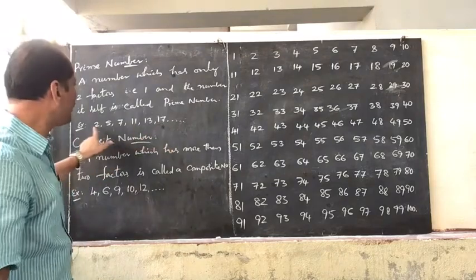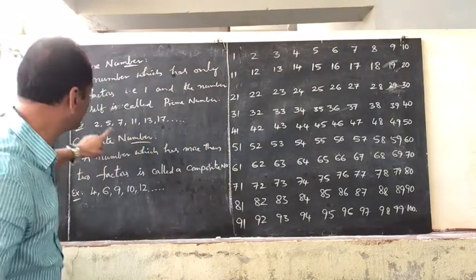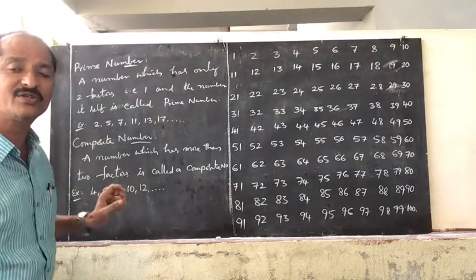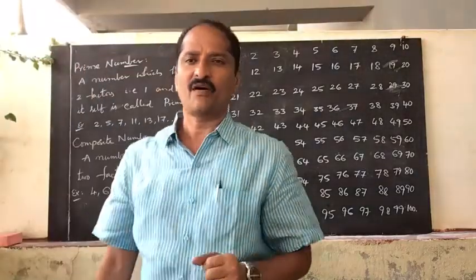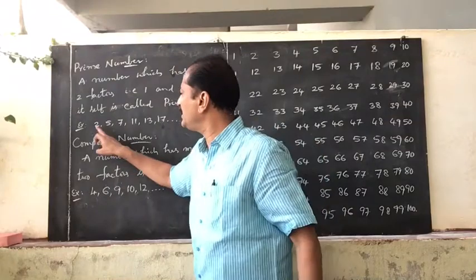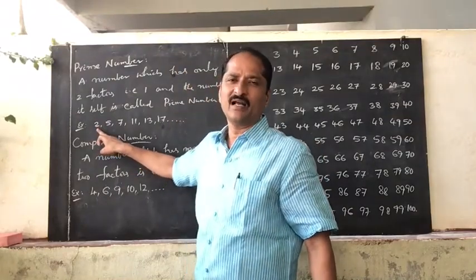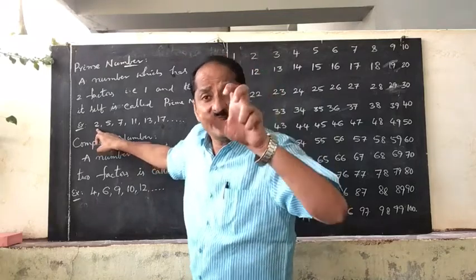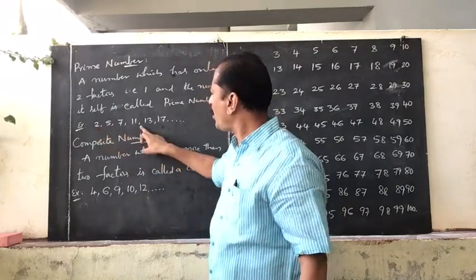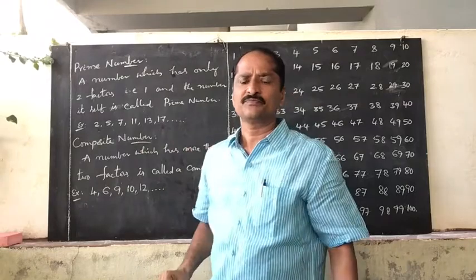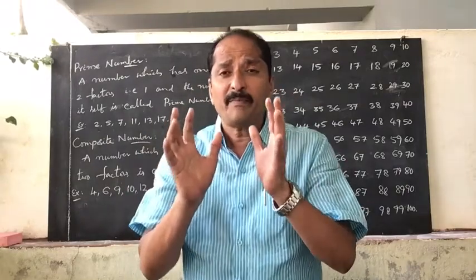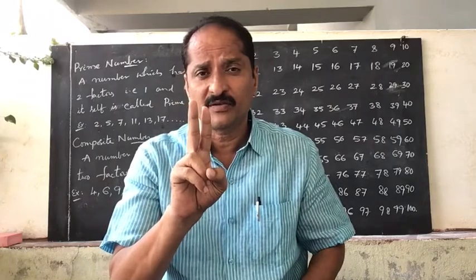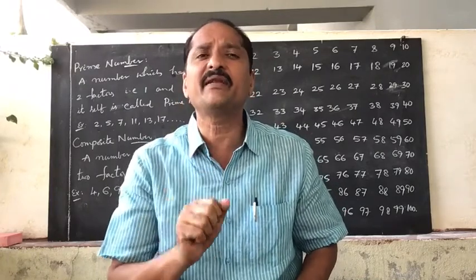But in all these numbers, if you observe, 2 is the least prime number and it is also an even number. Of all the prime numbers, 2 is the least one and it is even also. The rest of all prime numbers are odd numbers. All prime numbers are odd numbers except 2. 2 is an even prime number.